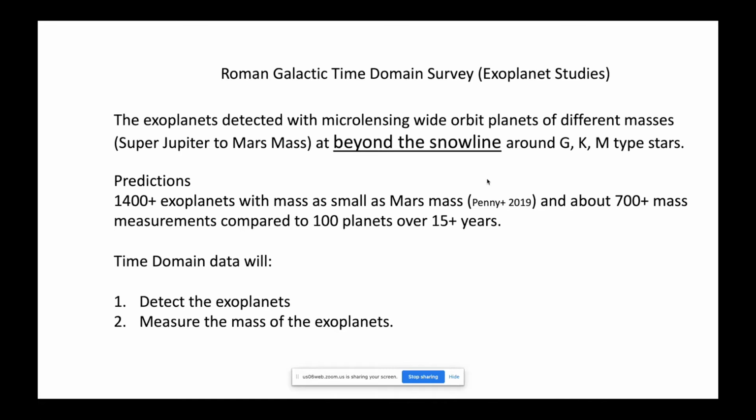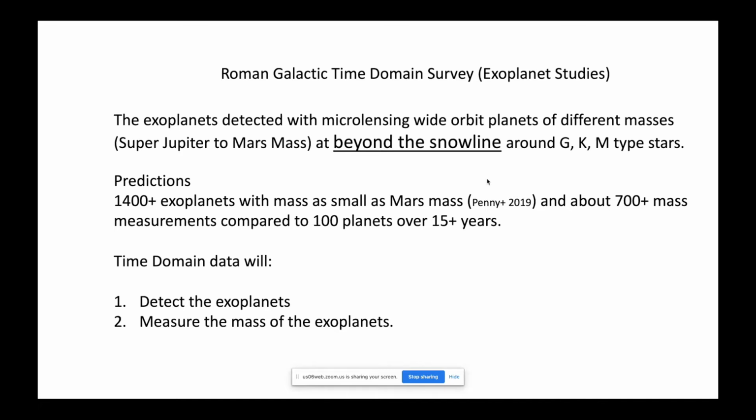But these will be the cold wide orbit planets, and currently there are very few. With the ground-based surveys that we have had over 15 plus years, only about 100 exoplanets have been discovered using microlensing in this particular demographic.